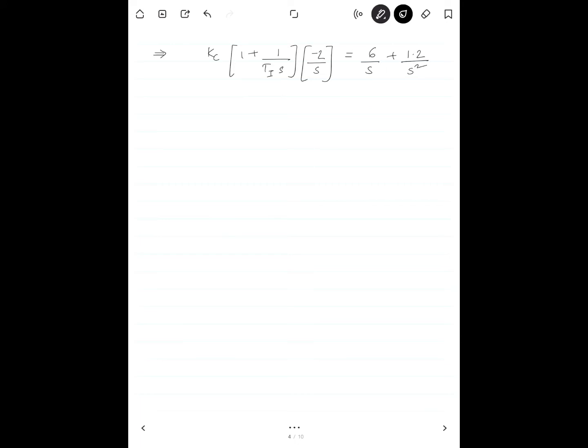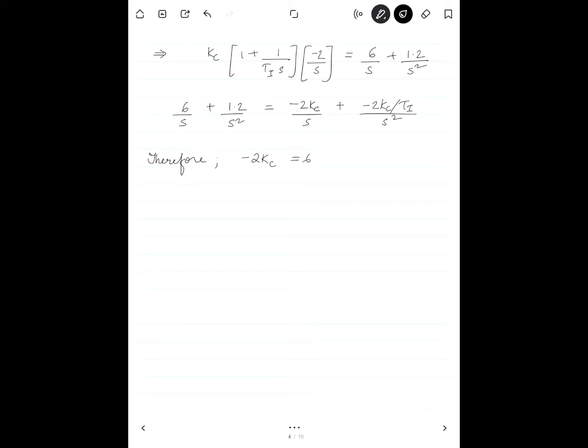And a little bit more manipulation, we just say 6 over S plus 1.2 over S squared equals minus 2 Kc by S plus minus 2 Kc over tau I by S squared. And the same thing here, we equate coefficients of 1 over S and coefficient of 1 over S squared.